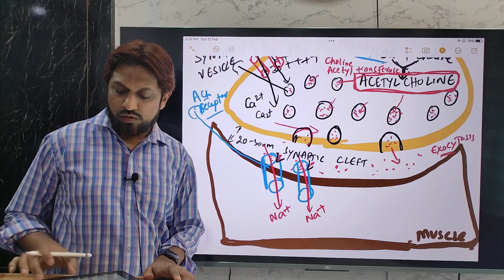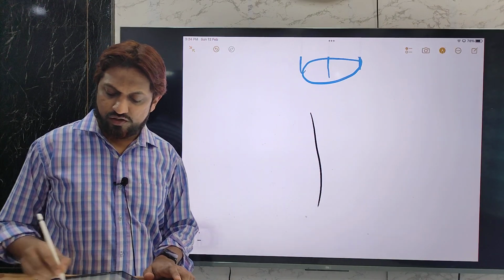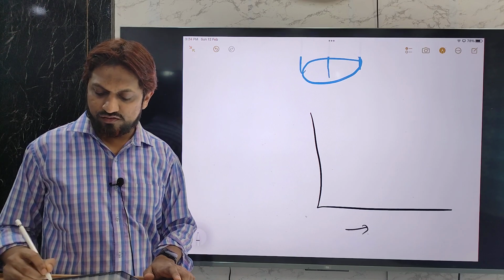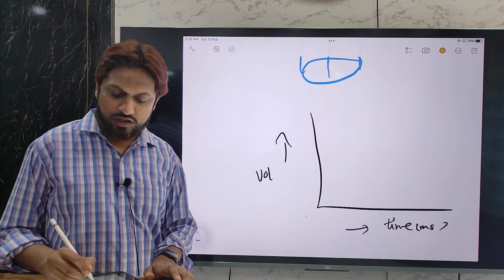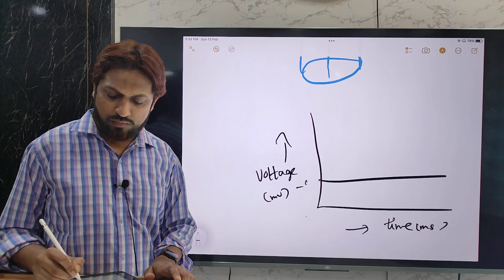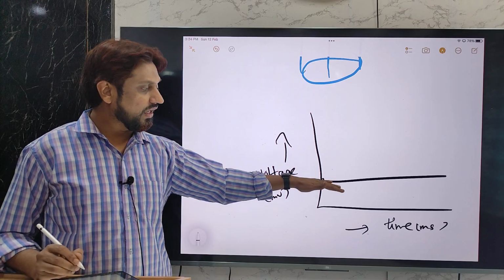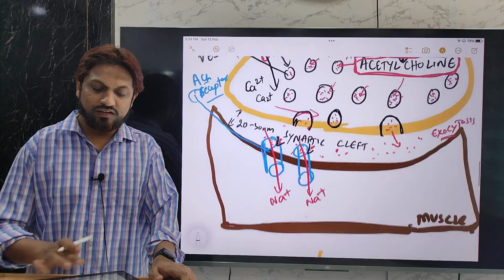Now if you look at the electrical activity of the muscle cell, if we draw a diagram, on the x-axis is time in milliseconds and on the y-axis is voltage in millivolts. You know that at the resting condition it is around minus 90 millivolt, that is, the interior of the muscle cell is negative.